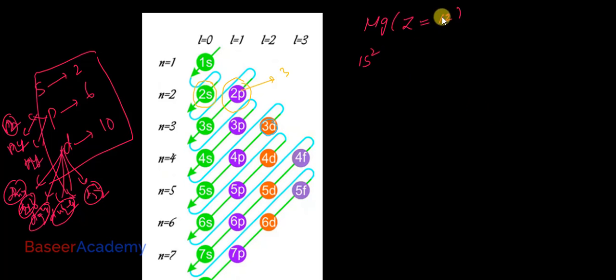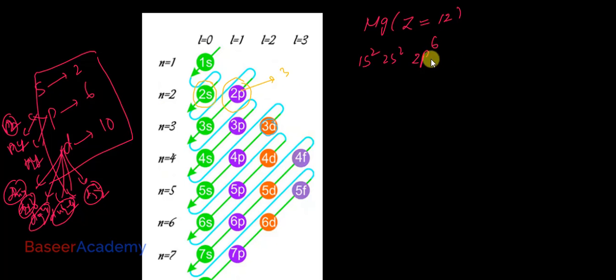So magnesium, atomic number of magnesium is 12, which means it has 12 electrons. The first 2 electrons will go into 1s orbital. After that, 2 more electrons will go into 2s orbital, because s can have a maximum of 2 electrons, right? Then 2p. How many electrons can be there in p orbital? 6.